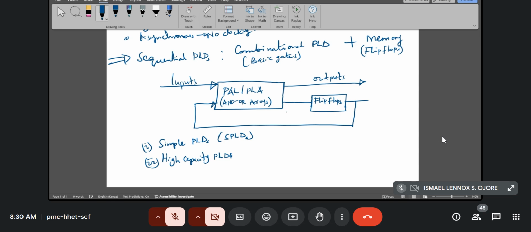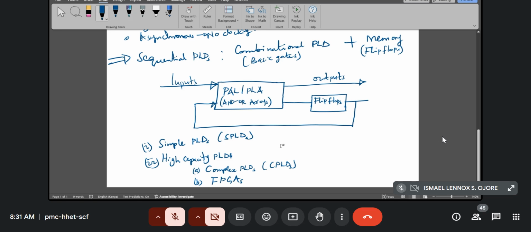Under this, we had two major types of the high capacity PLDs. So we have the complex PLDs, that is CPLDs, and we have the field programmable gate arrays, the FPGAs.